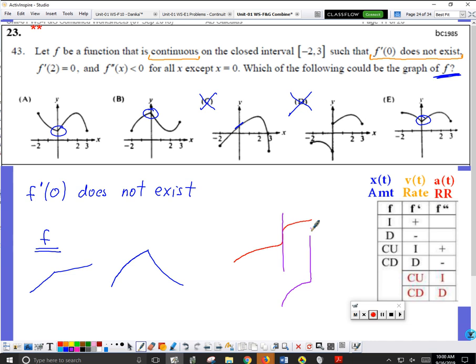Okay, keep reading. It says f prime of 2 should be 0. Whole class, please. What does the symbol f prime of 2 equaling 0 mean? It has two meanings. You must remember both meanings. Hands up, talk to each other.